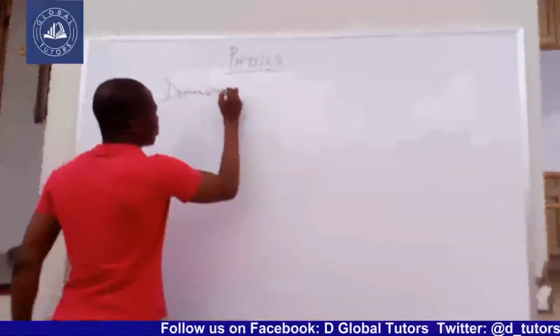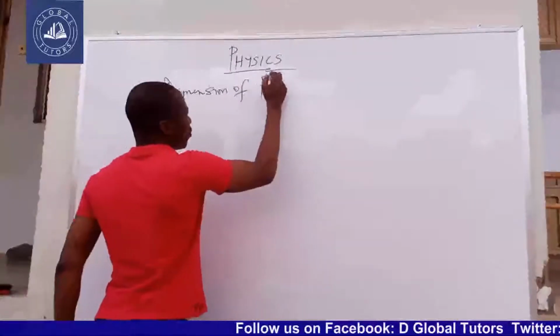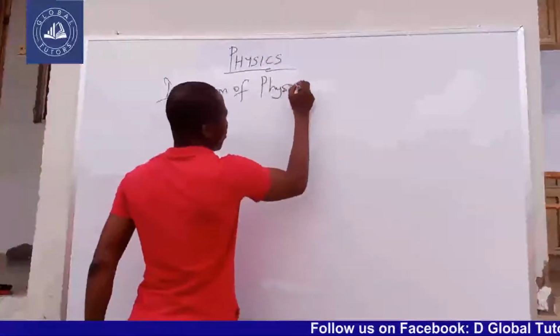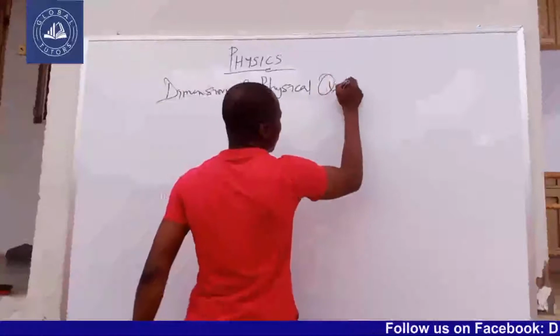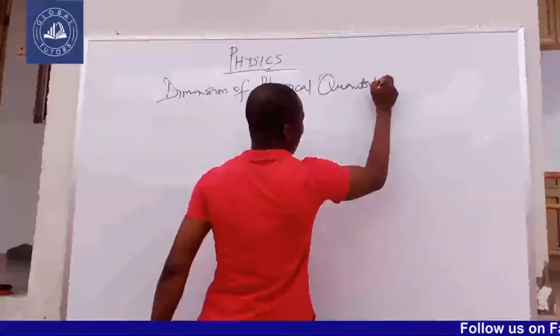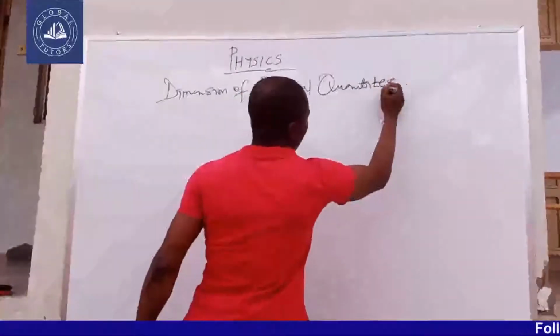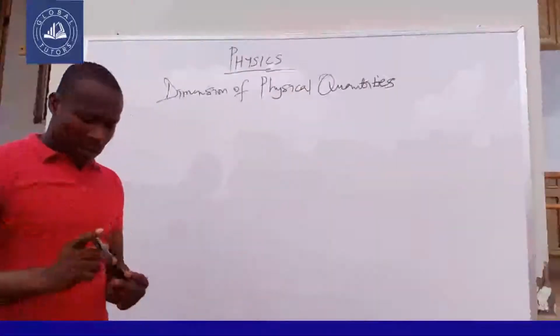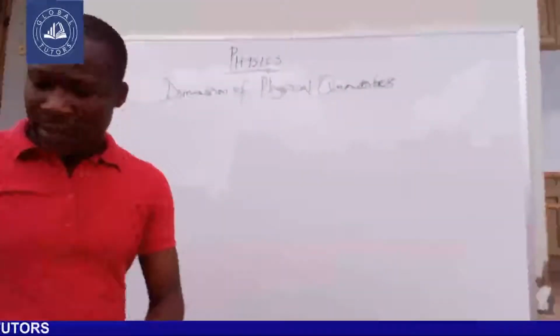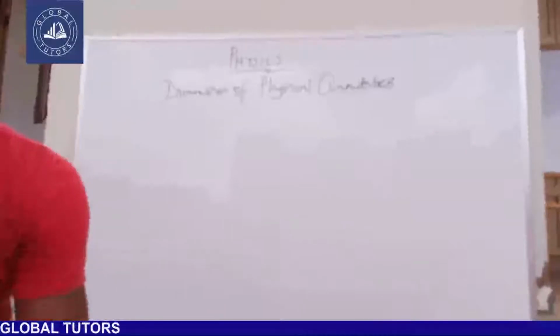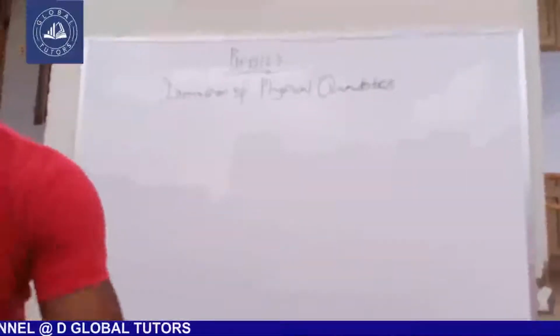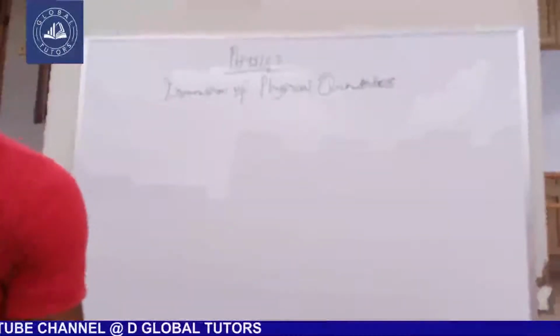Like I said, dimension, we use it to know if a particular equation in physics is right or wrong.